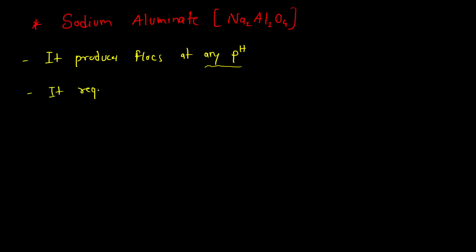It requires alkalinity, or we can say lime, to produce floc. All the coagulants require certain alkalinity to produce the floc, and for that dose of lime we have written the formula.